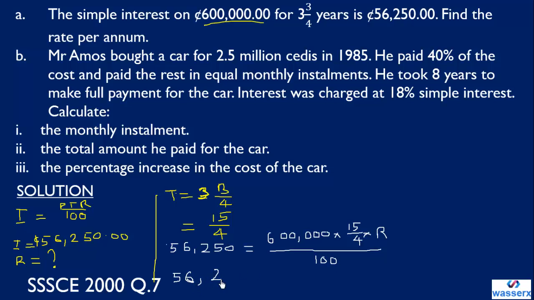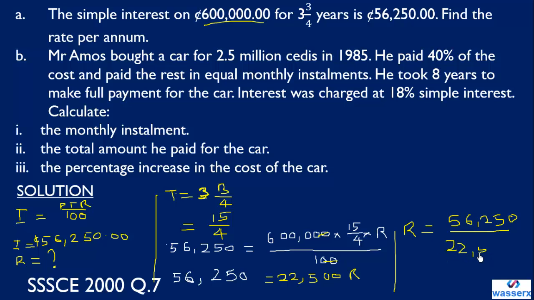So we have 56,250. So this cancels this, is equal to, so we multiply this by 15 over 4 to get 22,500. Now we divide both sides by 22,500 to obtain the rate.